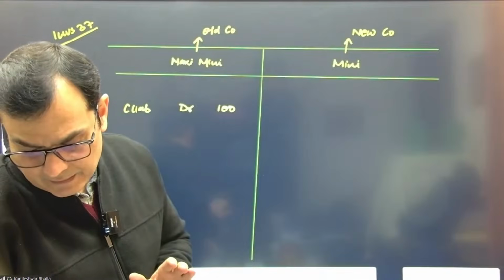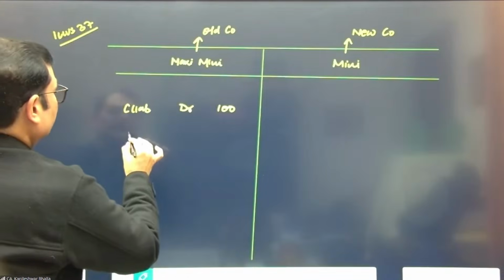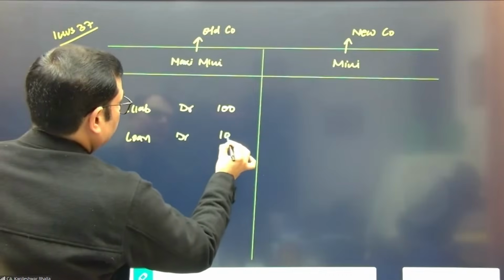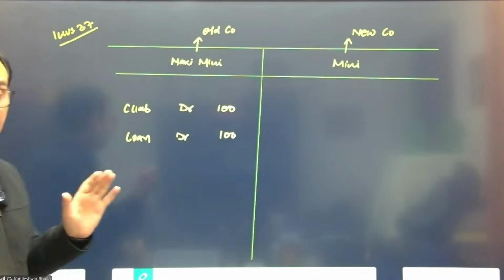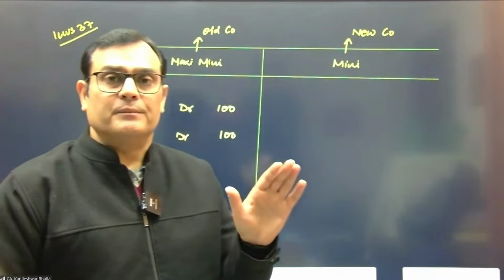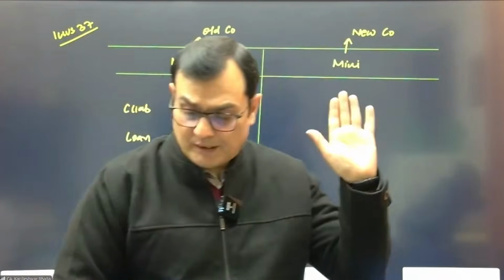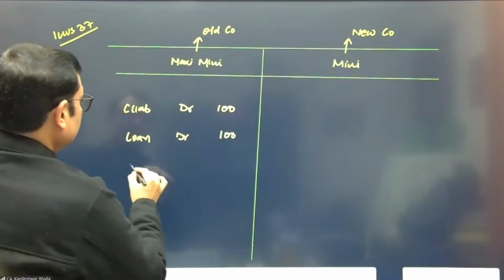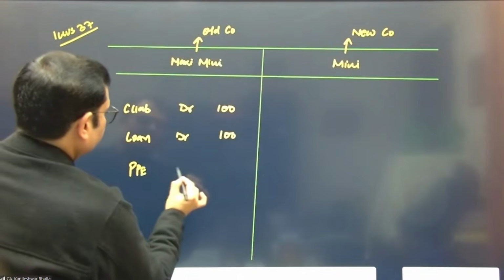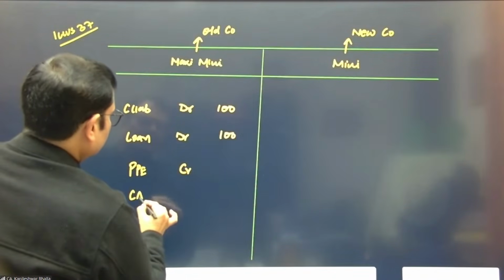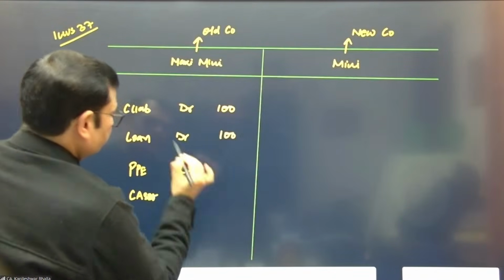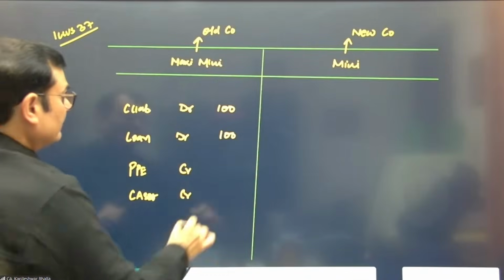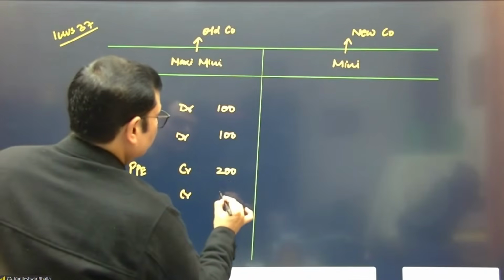And then there is a loan also appearing in the balance sheet, debit the loan also at 100. The idea is to close the liabilities and assets. So debit the liabilities, and the only assets appearing, one is the PPE that gets a credit, and one is the current asset that gets a credit. The PPE of the Mini division is 200, and the current assets is supposed to be 300.